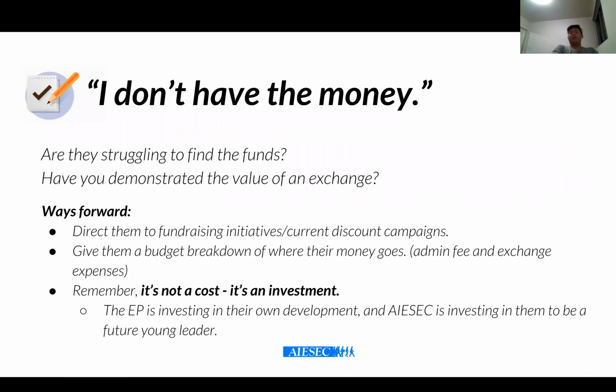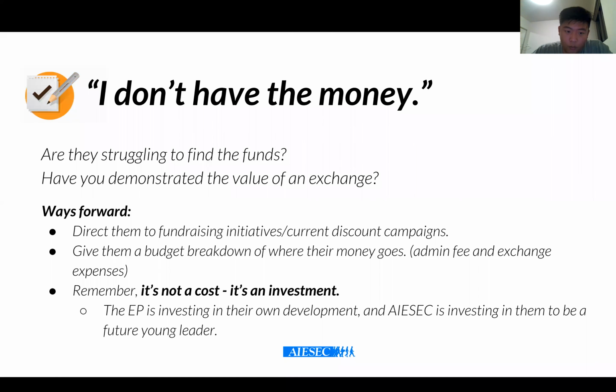So when an EP says, "I don't have the money," oftentimes they're not saying that they don't have the money to spend. Obviously there are some EPs that you talk to who are quite strapped for cash, but other times they are able to generate the funds.